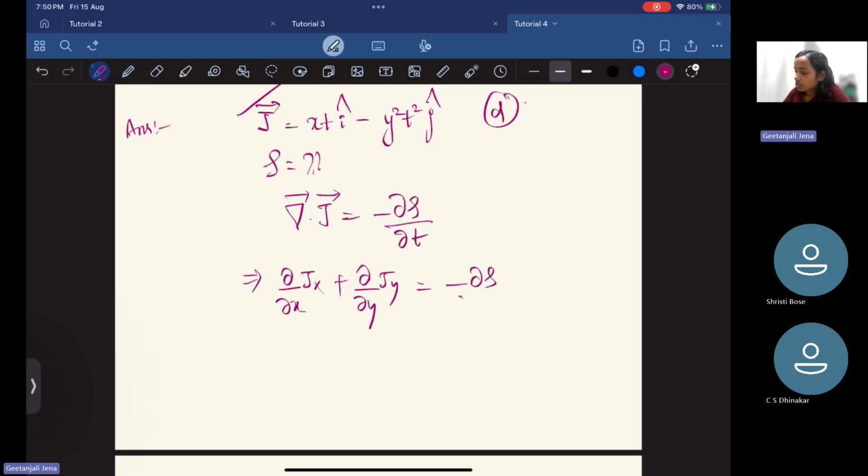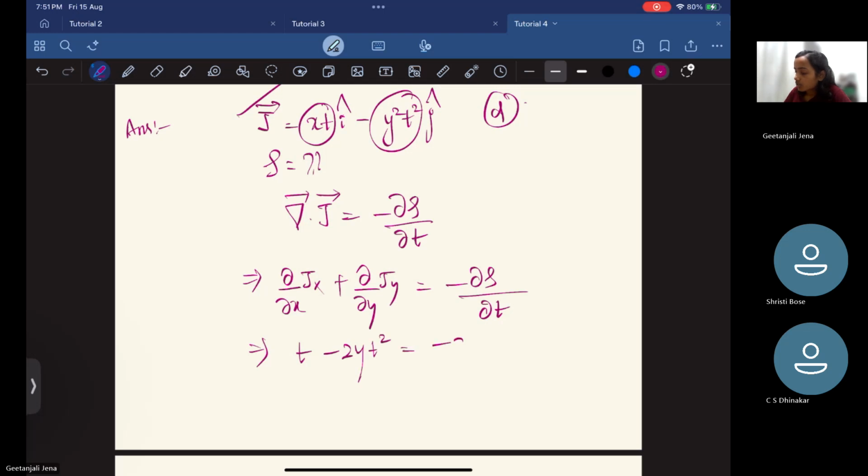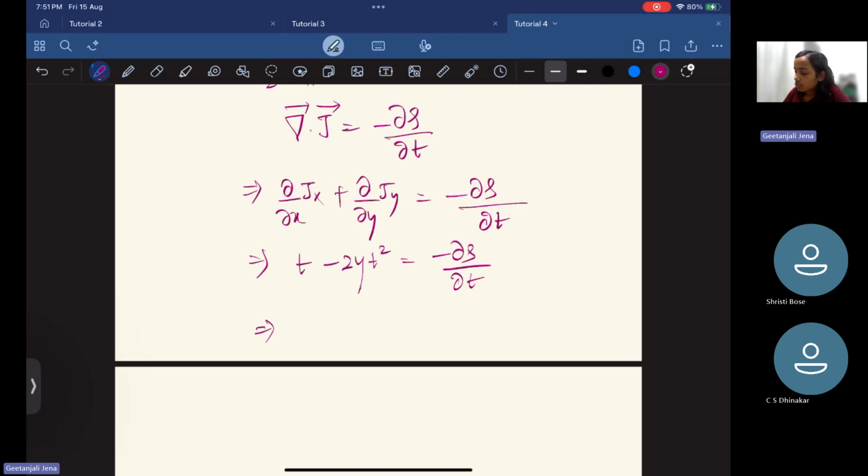And dou by dou x of xt will give t, plus this will give minus 2yt^2. Now you need to take the integration. So if you take the integration, rho will come out as minus t square by 2 plus 2y t cube by 3. Okay, so the answer is option D.